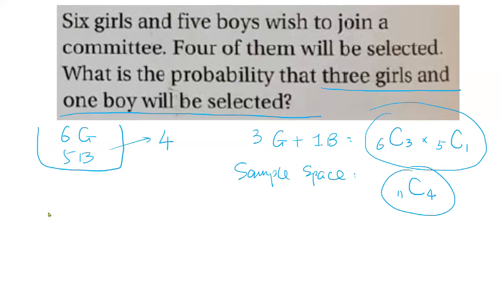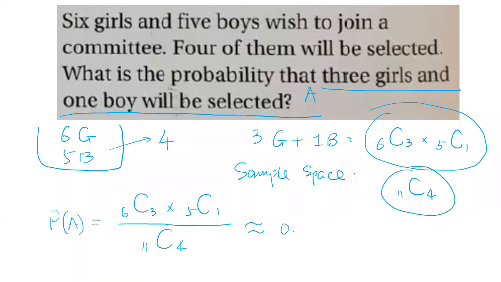And if you want to find the probability of this event, suppose this is event A, you need to use the total number of sample points in this event over the total number of sample points in the sample space, right? And this is approximately 0.303. Okay, please have a look at this. Any questions?